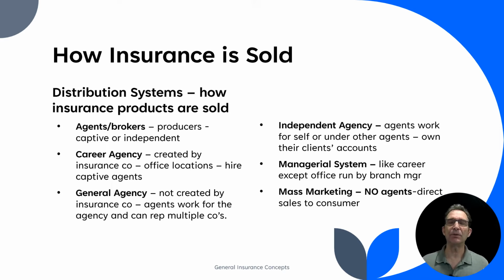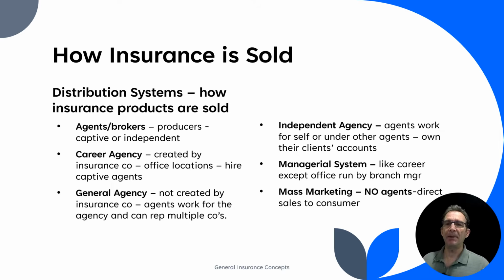And so we talked about captive insurance, but a captive agent is an agent who is working for one particular carrier. I was a captive agent myself at one point in my career, and I sold, for one specific carrier, just their product. So I was captive.